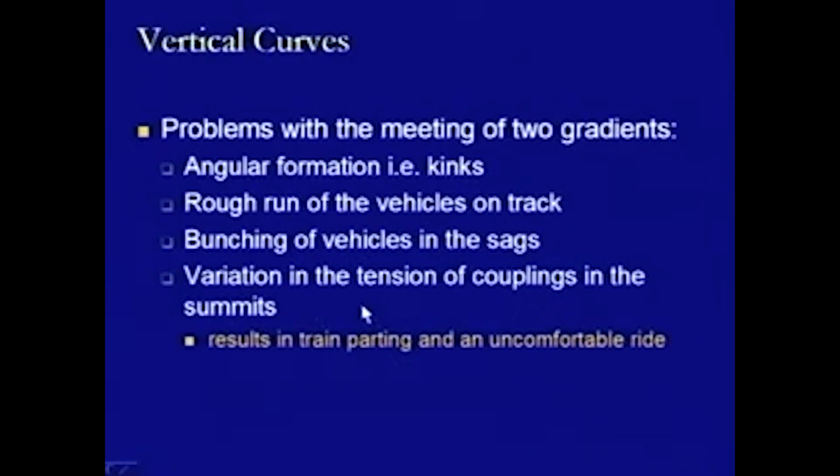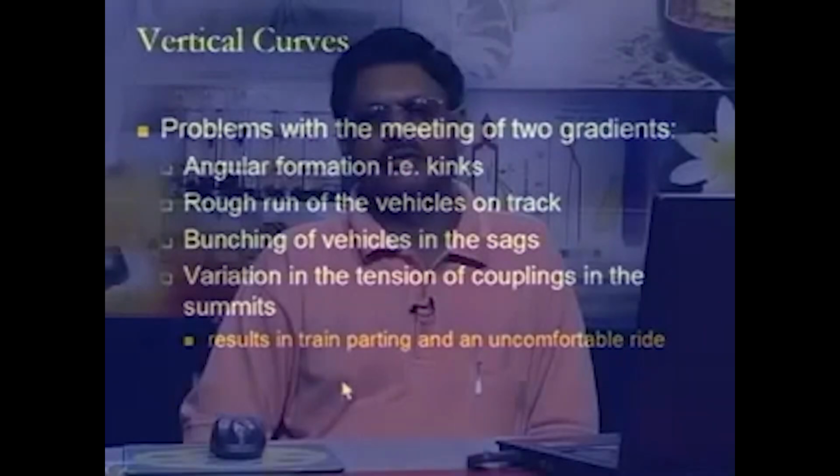This variation in tension may be there depending on how many wagons are there on one side of this summit as compared to the other side of the summit, and it may result in the train parting or it may result in an uncomfortable ride. So, these are the two things which may happen.